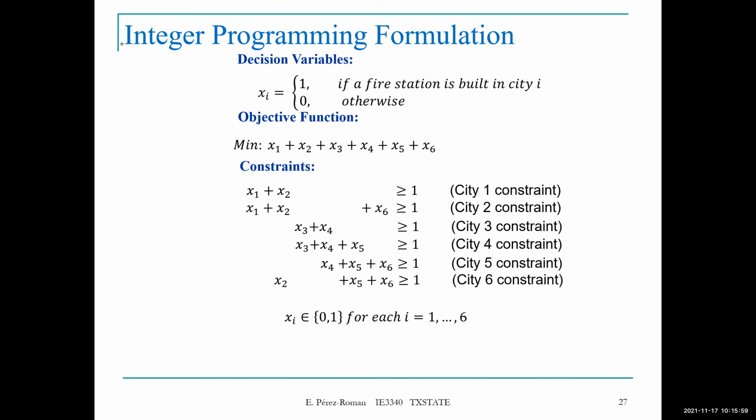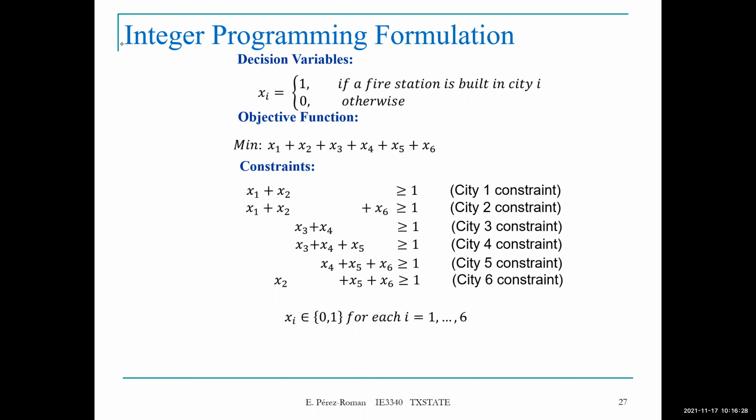Okay, so for example, these first 2 constraints are the only ones having x1 and x2. If we make x1 equal to 1, then this constraint is going to be satisfied, and this constraint is also going to be satisfied. So in that case, we don't need x2 and x6, because if we place it in 1, we're going to be able to cover 2 and 6.